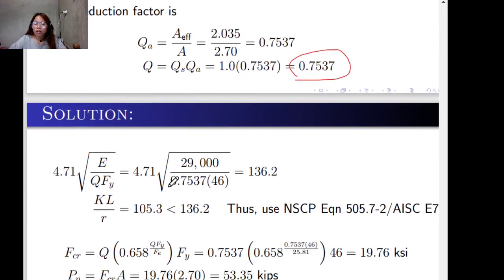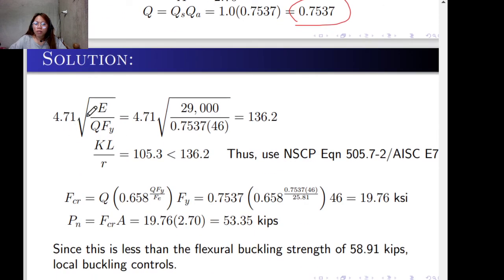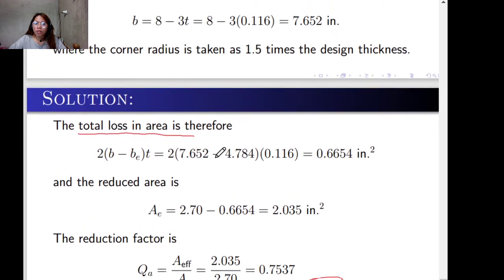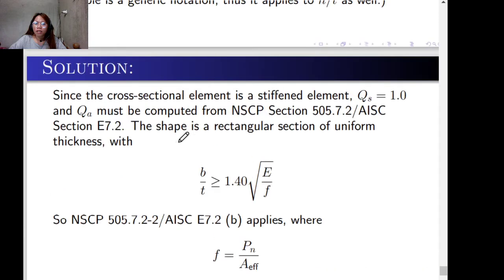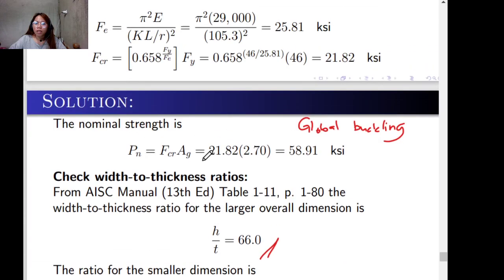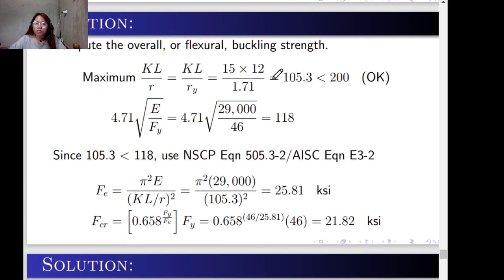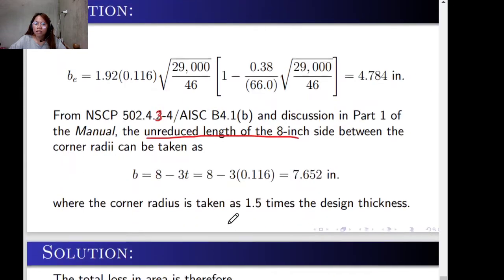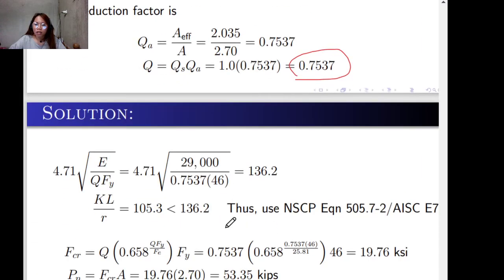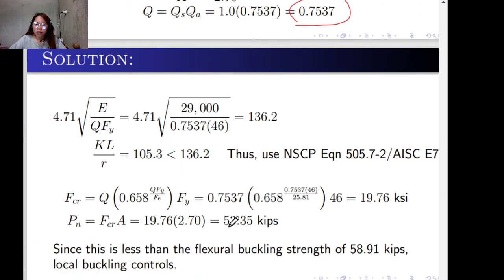The reduction factor. So, this 4.71 square root of E over Q Fy, the answer is 136.2. Right? But the KL over R, the slenderness ratio which we already computed in the beginning of this solution, is 105.3, which is less than this value.